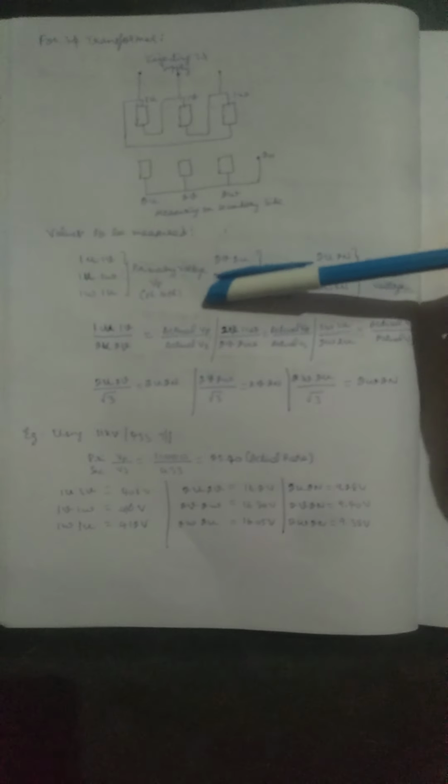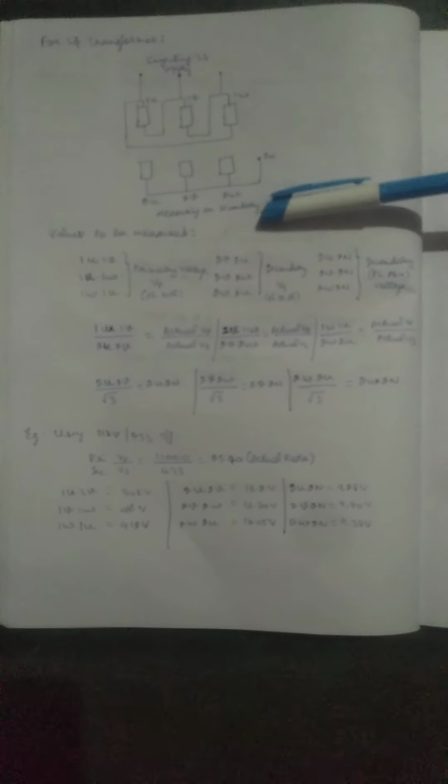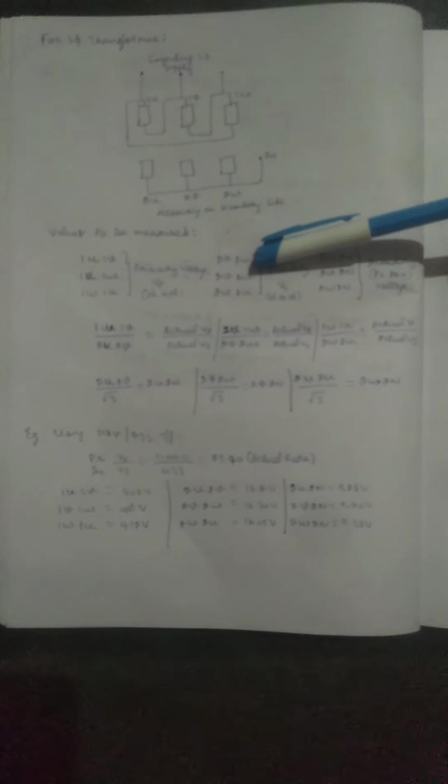1U 1V, 1V 1W, 1W 1U. Alternatively I have used UVW. This is your primary VP voltage. Then the secondary side VS voltage, 2U 2V, 2V 2W, 2W 2U.